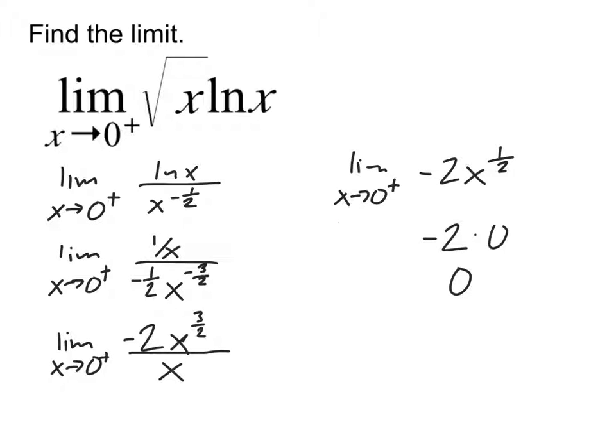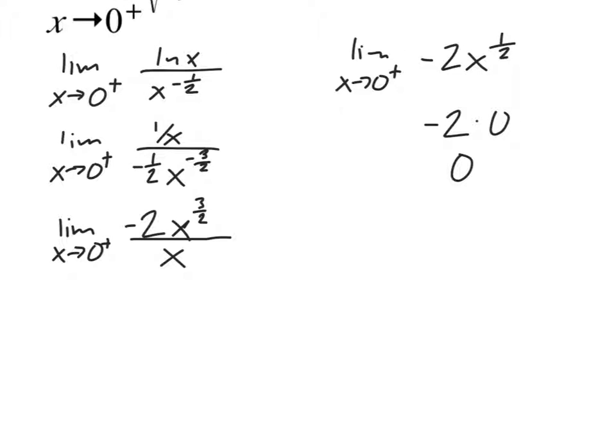Now, some people, though, have a little bit of trouble simplifying the x to the 3/2 over x. Well, basically we're just doing 3/2 minus 1 to get the 1/2, but sometimes that can be troublesome. So, yeah, you could have just kept going here and used L'Hopital's rule for one more iteration, and if you had done that, you get the limit as x approaches 0 from the right-hand side of negative 2 times 3/2 times x to the 1/2 over 1.